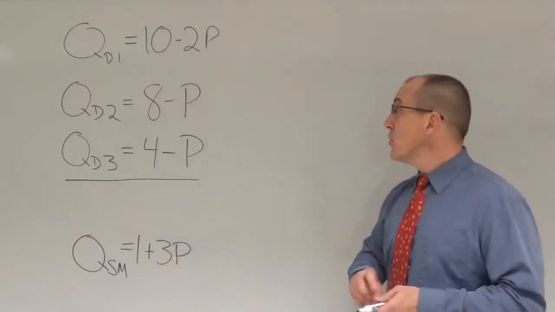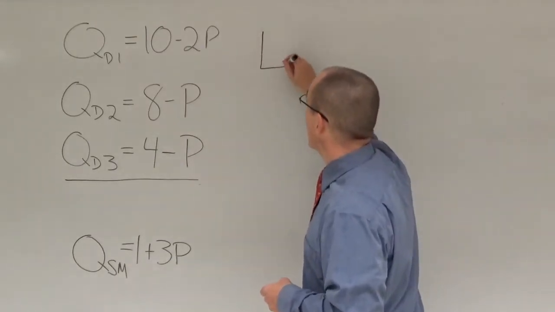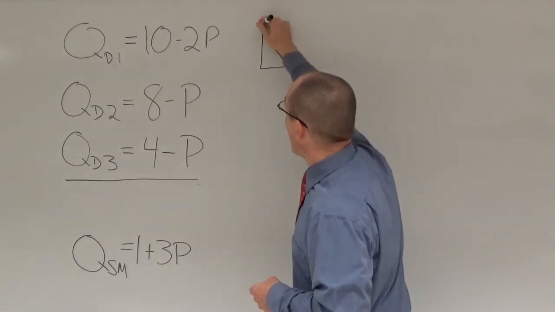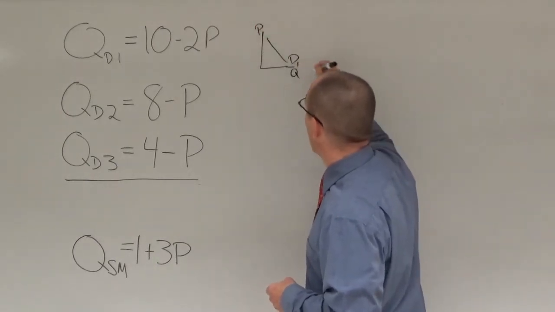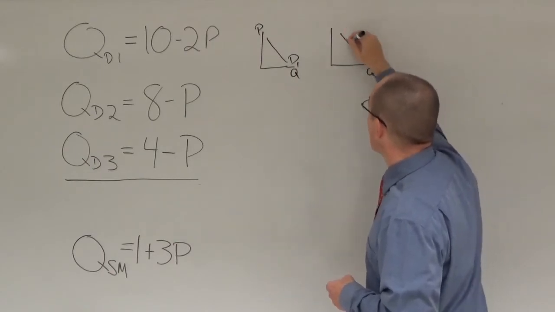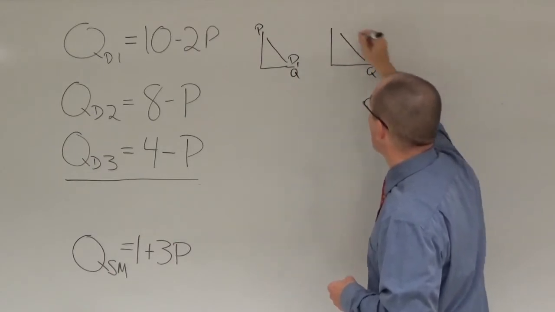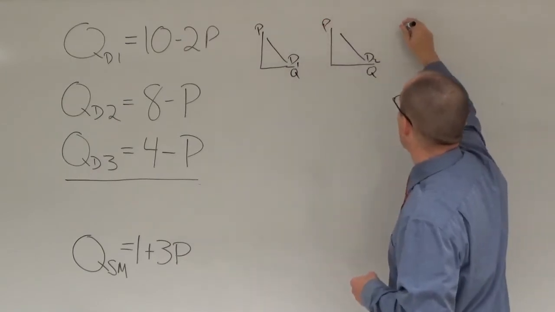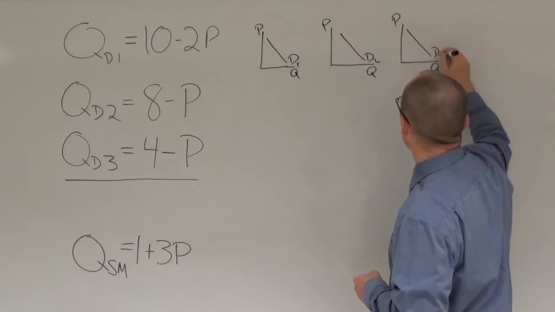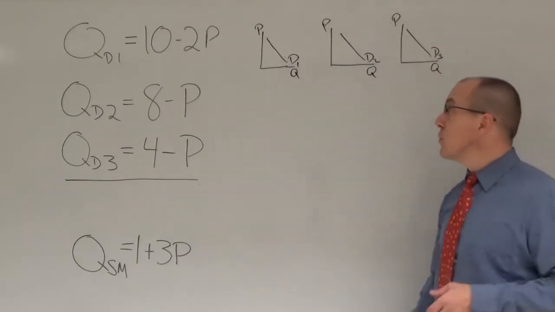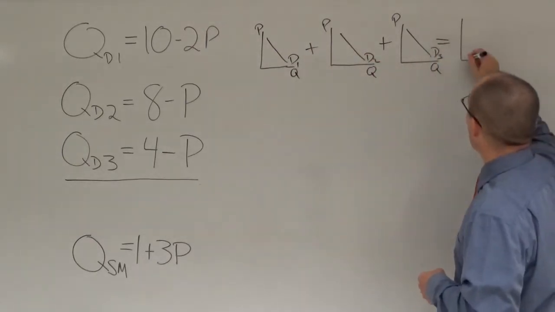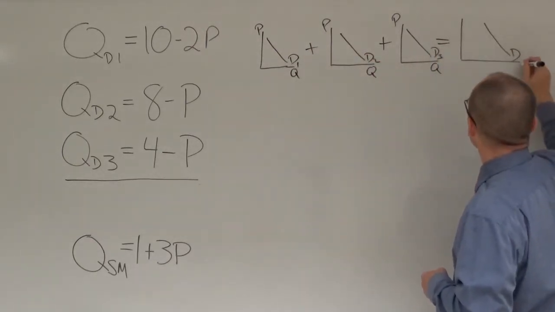So what we're going to be doing in this situation is you can kind of imagine we have a demand curve for person 1, a demand curve for person 2, and a demand curve for person 3. And what we're going to do is simply sum these up to get our market demand curve.